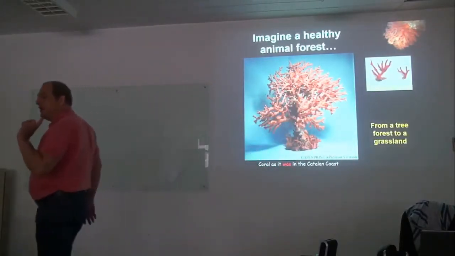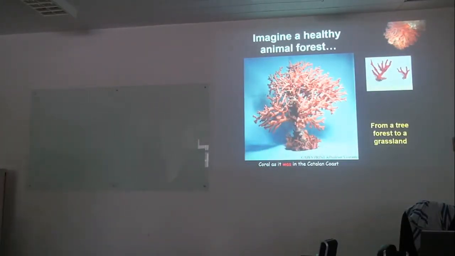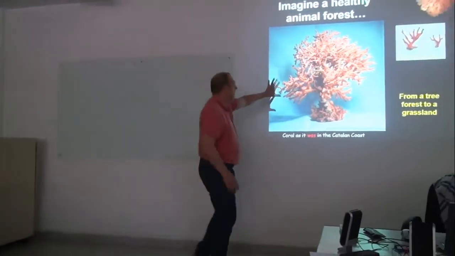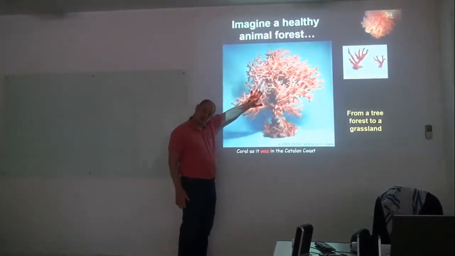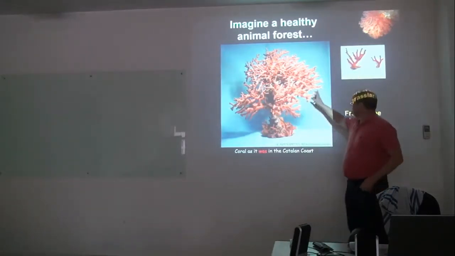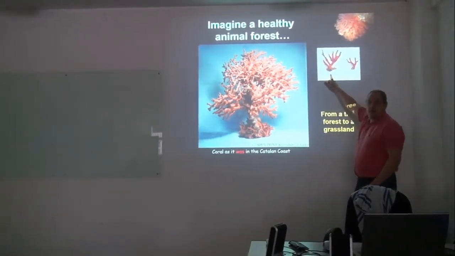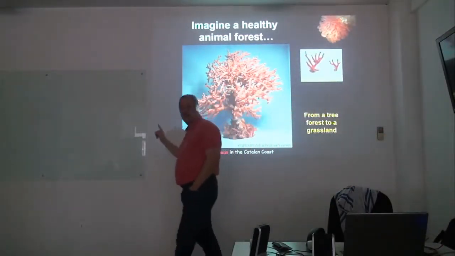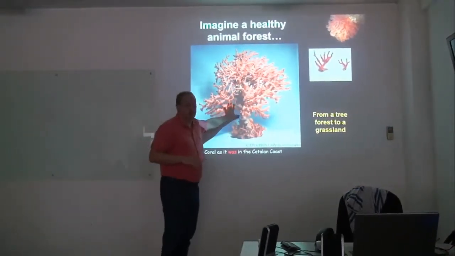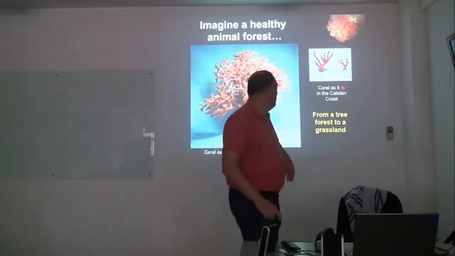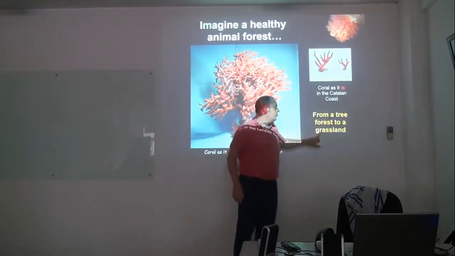So what happened with this marine animal forest? They have been deeply transformed during the last, especially 200 years. Before, in ancient times, and now. This can store very little carbon compared to this one. And this is not already existing. This disappeared a long time ago. We passed from a tree forest to a grassland.